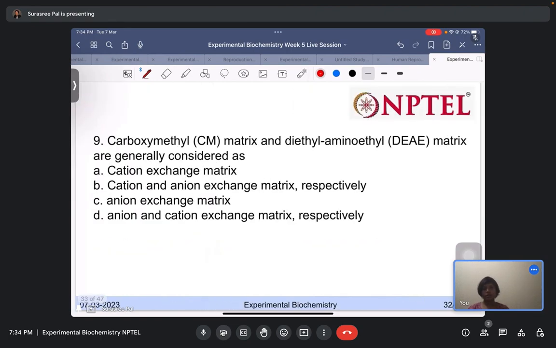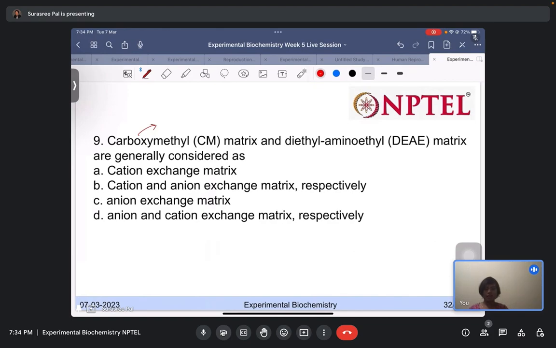Next question. Carboxymethyl matrix and DEAE, diethylaminoethyl matrix, they are generally considered as which of the following? So we need to now check the charges on this matrix. So carboxymethyl, carboxy means it's a negatively charged group, right?